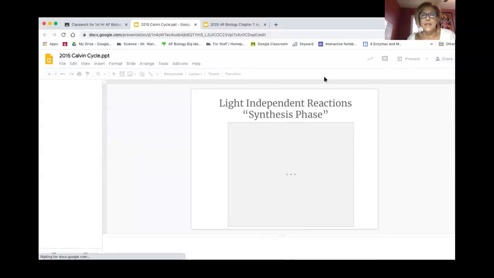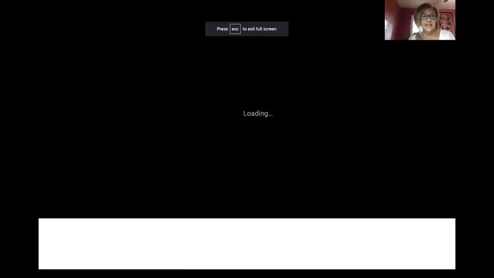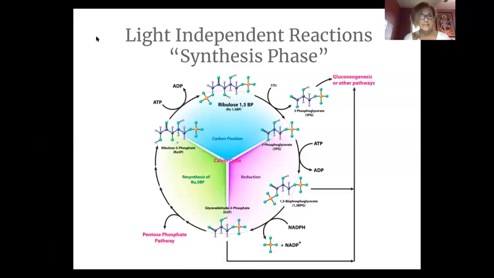Okay, so the light independent reaction is considered the synthesis phase because this is when we're synthesizing our organic molecules. And it's divided into 3 separate phases, you could say. It's a metabolic pathway, so there's lots of steps along the way.